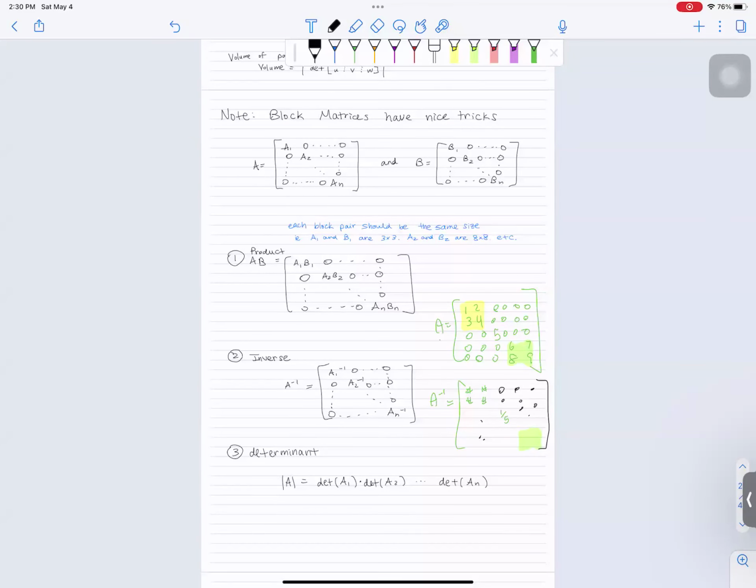Questions so far? Could you also find where the dot product is 0? Yes, you would have to, it might require some guessing and checking though.